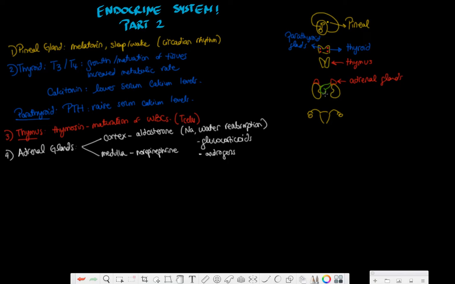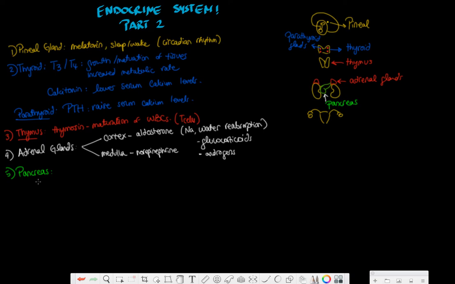All right. Next up, let's look at the pancreas. The pancreas is actually considered an exocrine and an endocrine gland. An endocrine gland because it releases hormones, and an exocrine gland because it's involved in digestion, so it produces digestive enzymes that are released into the small intestine in order to help with digestion.